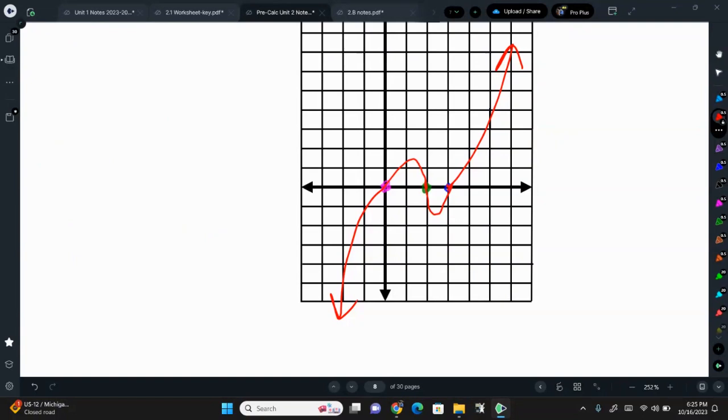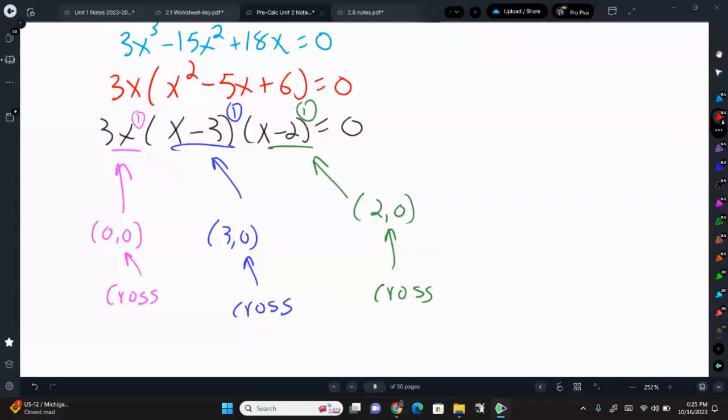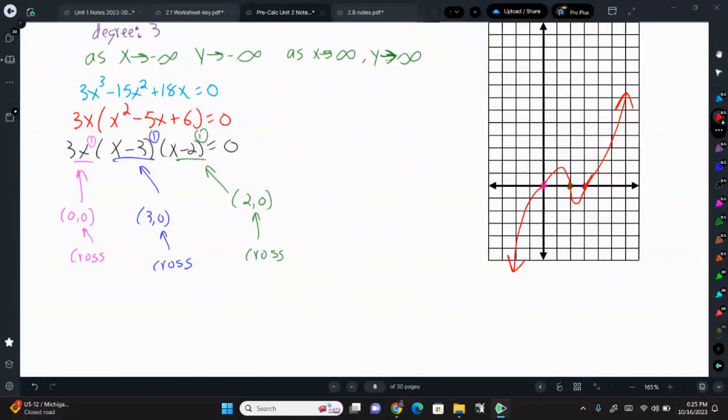The insides connect with our ends, and we cross at our blue x-intercept, which is what we had listed over here. So it's very important to identify and understand, do we cross or do we bounce at these x-intercepts? Because that will make our end behavior work out.